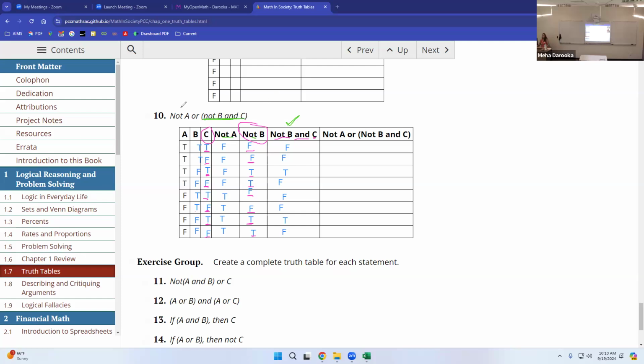So this is where we are saying you are taking not A, and then the parentheses part, which is that very last column we just worked on, and you are using the or connector between those two parts, which means you will be looking at the column not A, and you will be looking at this last column that we just completed, not B and C. So these are the columns that we are comparing.